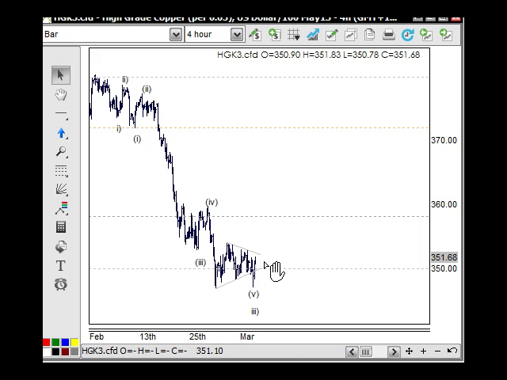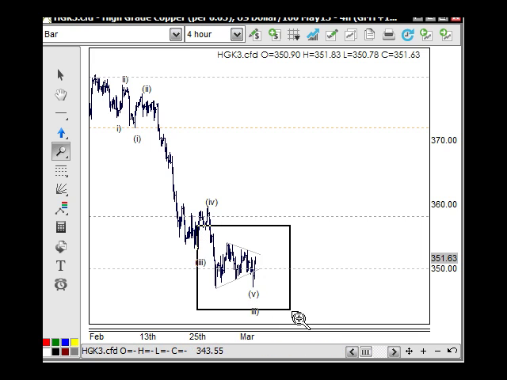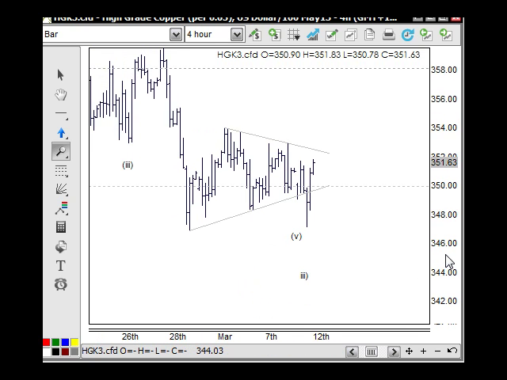We can see a rally off here, but the main point is that while it is above the 350, that can be the line in the sand. So we can treat this as being positive as long as it's above the 350 there. So what we need to do now is work out what we've got here.